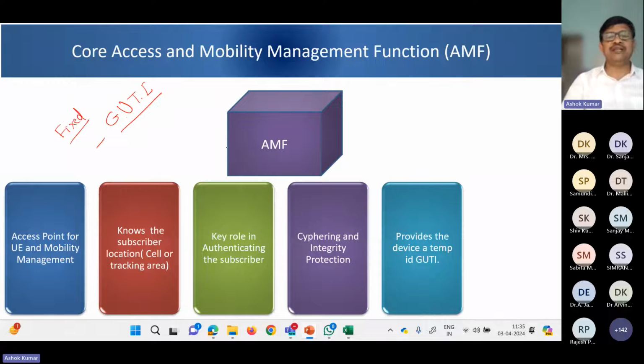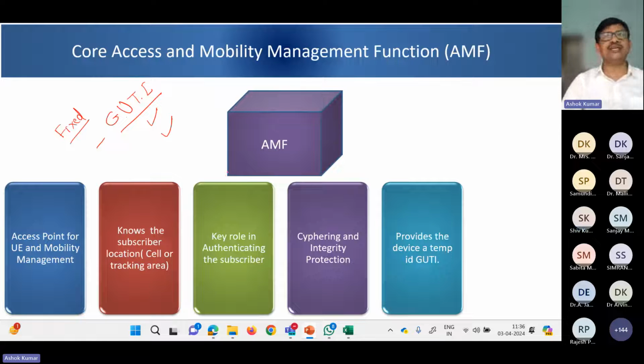For example, whenever a user equipment does a mobility update, it will be provided a new GUTI. Whenever AMF does a periodic update, it will be provided a new GUTI. So every time this GUTI is changing, and this is to maintain privacy.